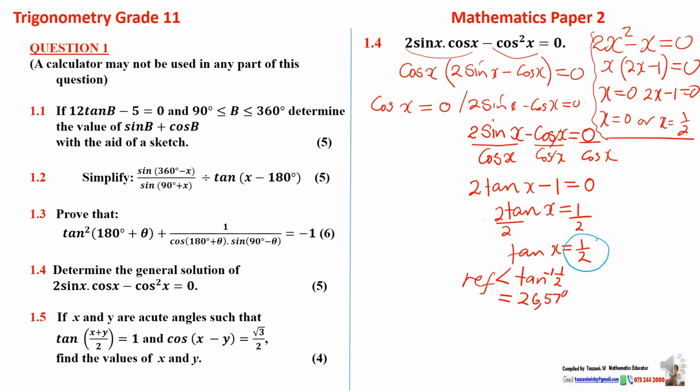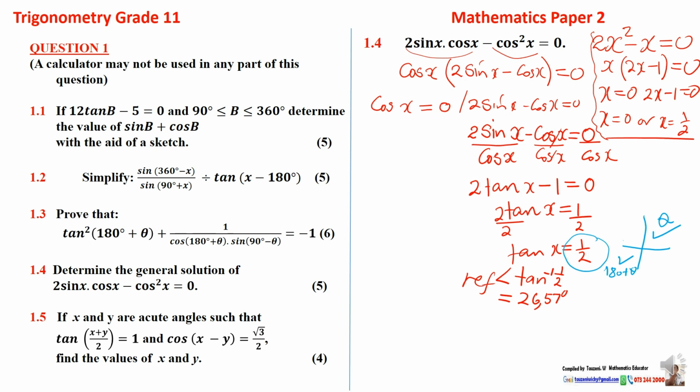So you must read your answer in the quadrant where tan is positive. Tan is positive in quadrant 1 and in the third quadrant. In quadrant 1, the value of our angle is theta. In quadrant 3, the angle is 180 plus theta. Quadrant 1 and quadrant 3.